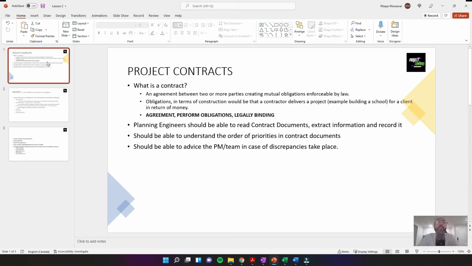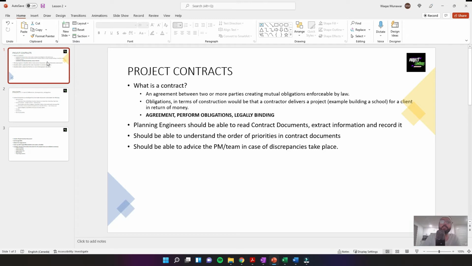The third thing we need to know is that we as planning engineers should be able to advise our PM and our team in case discrepancies arise when the work is being executed, or there are delays and stuff like that. So that's the importance of project contracts. Once you understand the project layout, you need to be able to read that contract, extract information, and record it.